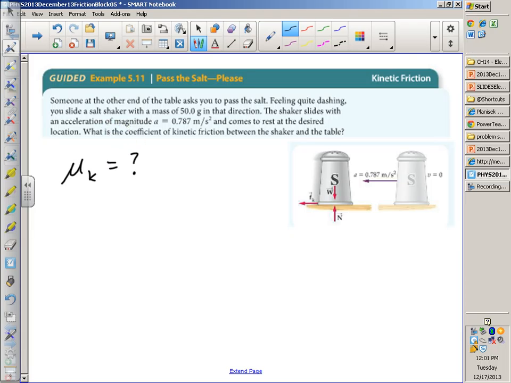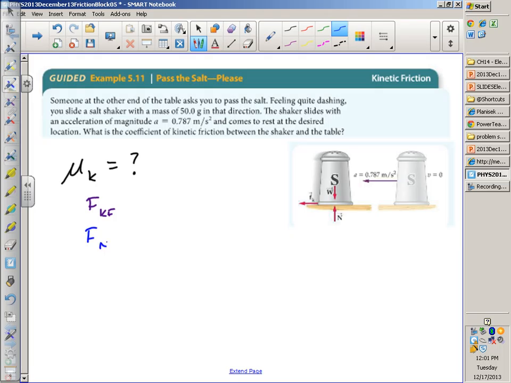That's our unknown. On the previous page, we just learned that the coefficient of friction is a relationship between two forces, right? What two forces does the coefficient of friction tell us about? The kinetic friction force and also the normal force.